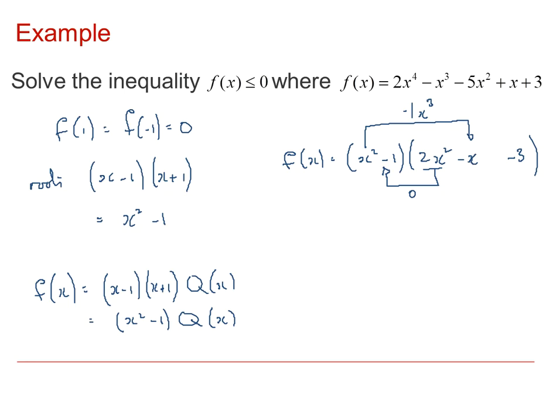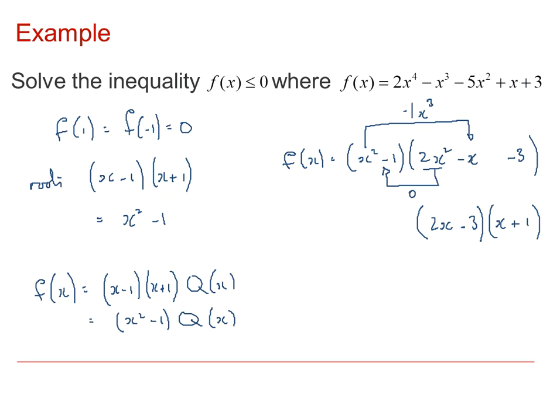Now once we've got that, we've got another quadratic which factorizes. If we look at the factors of that one, we have 2x minus 3 and x plus 1.